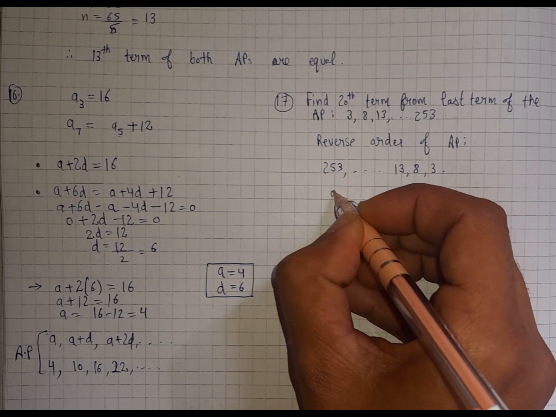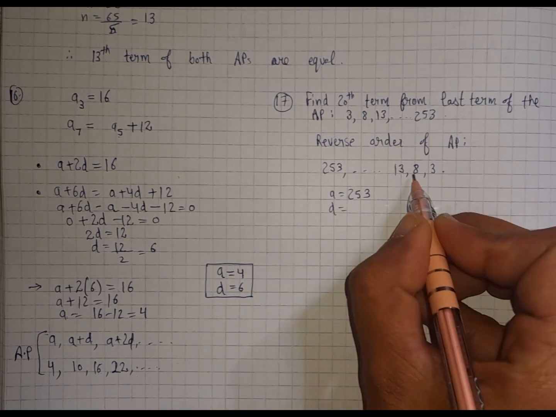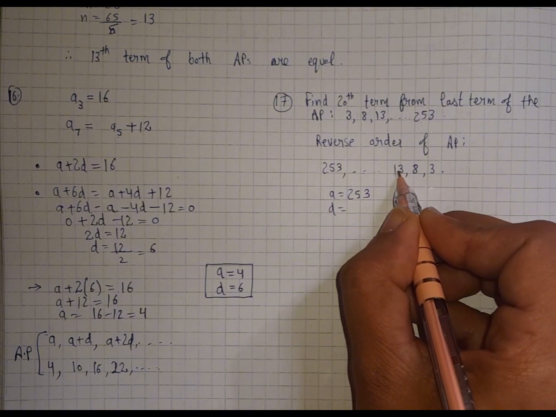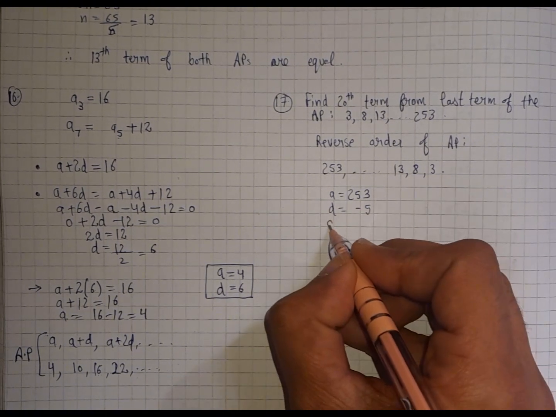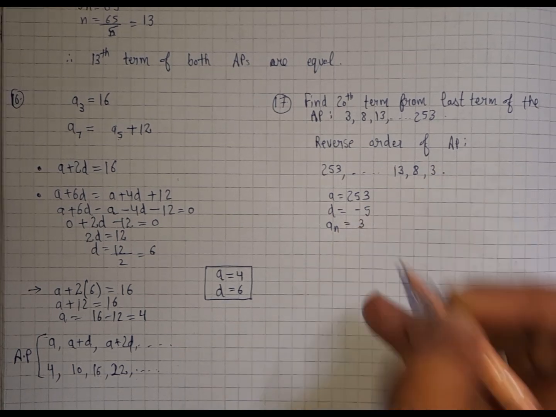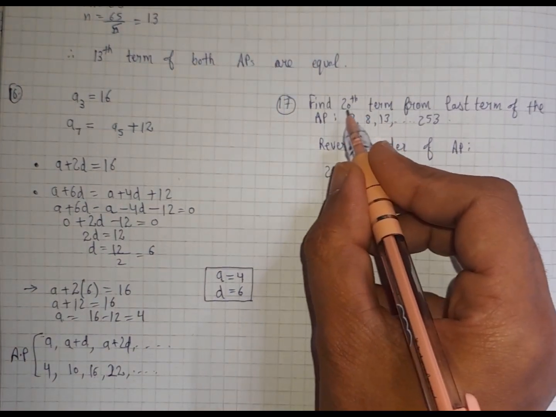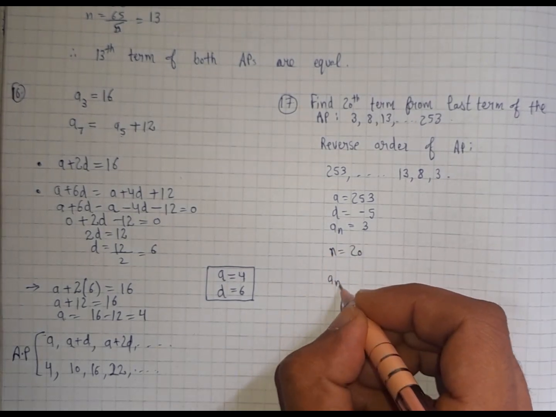Here A equals 253, D equals 8 minus 13, that is minus 5, and the last term is 3. N equals 20.